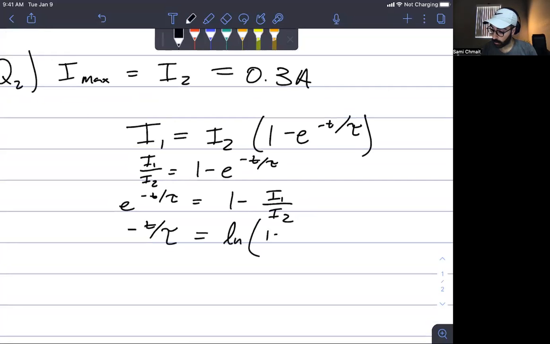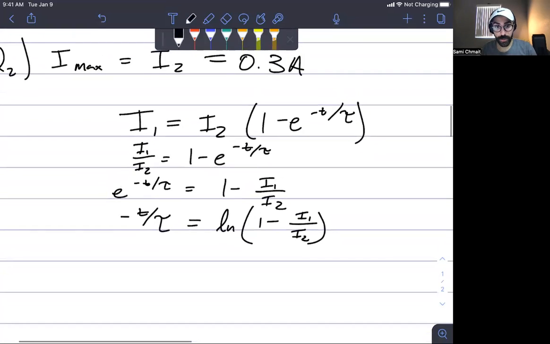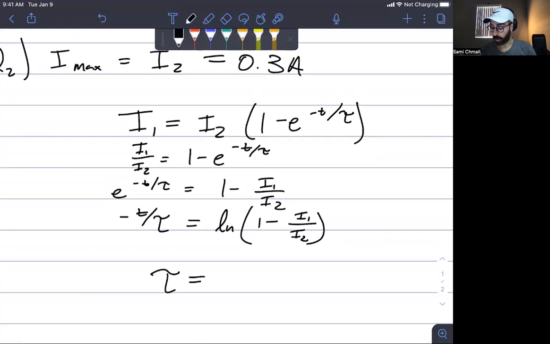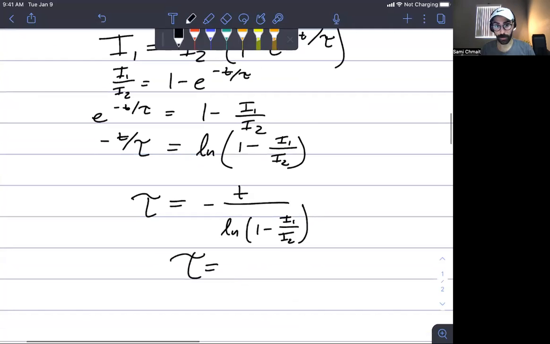Okay, we're almost there. We just want to solve for tau, so we're going to flip and then divide, and we'll get that minus t over ln(1 minus I1 over I2). As such, tau comes out to be 1.097 seconds.